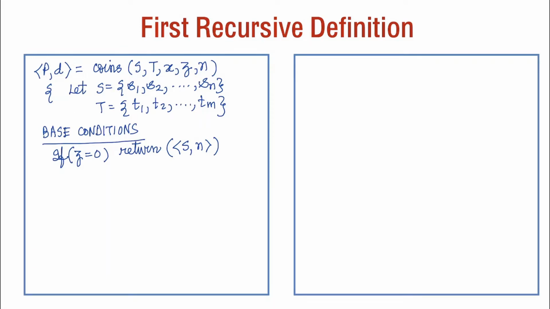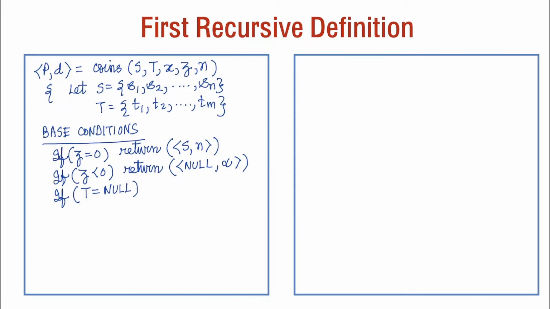The other thing that can happen is, if z is less than 0, then you return a failure. And the third thing is if T is equal to null.